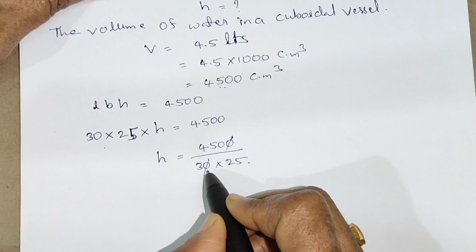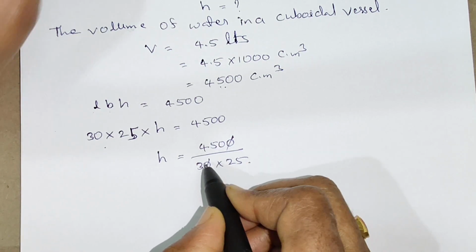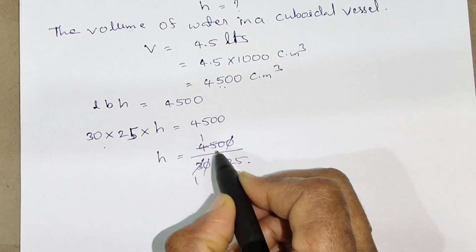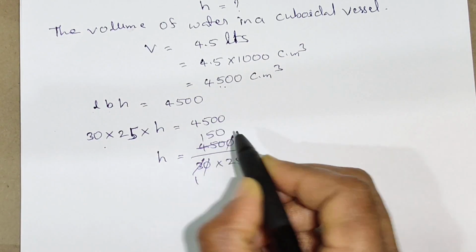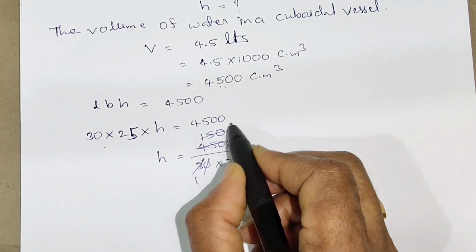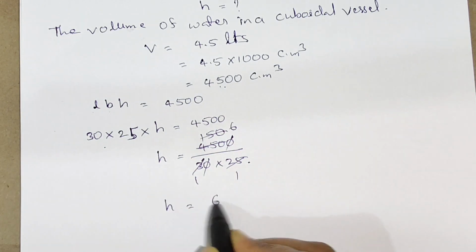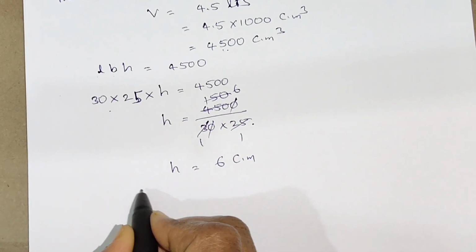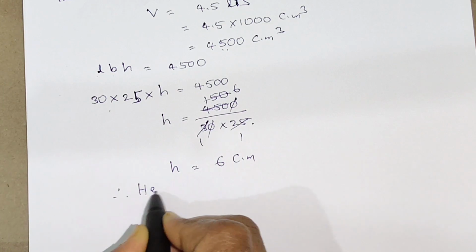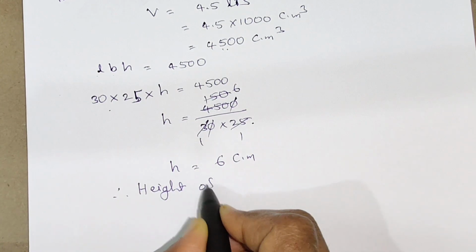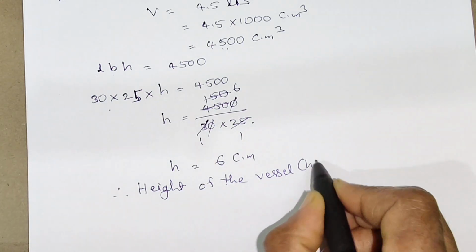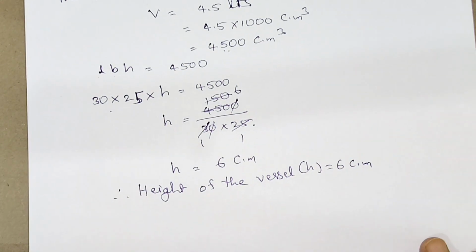Then 3 ones are 3, 3 fives are 15, 0. Next 25 sixes are 150. So H is equal to 6. The unit is centimeters. Therefore, the height of the vessel is equal to 6 centimeters, which is the answer.